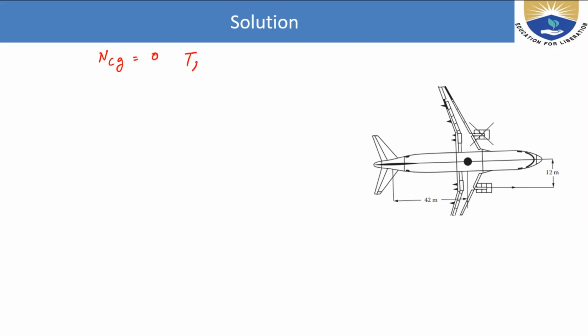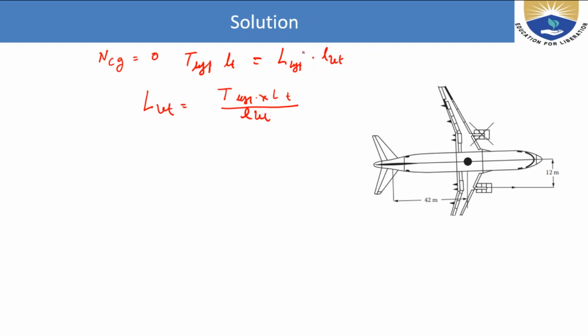So T left into l_T is equal to L_VT into l_VT, where l_T is the vertical distance and l_VT is the horizontal distance. So L_VT is equal to T left into l_T divided by l_VT.